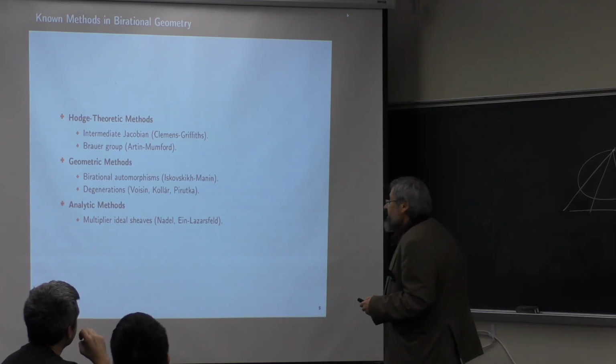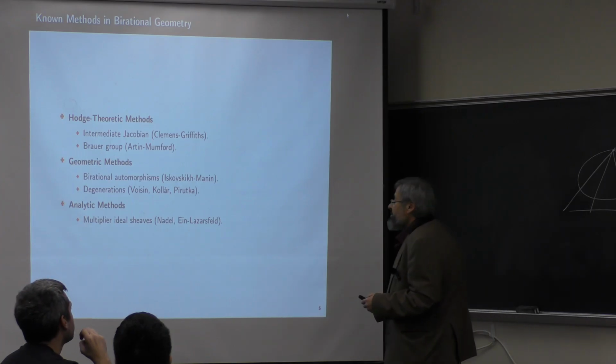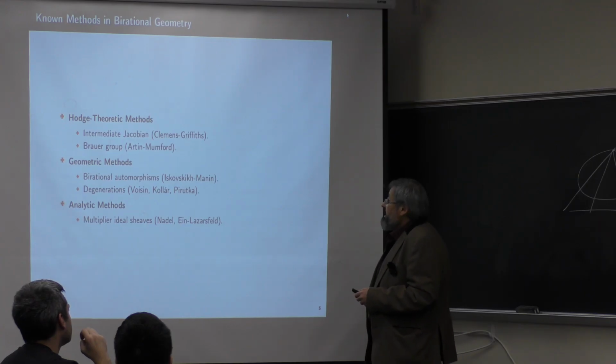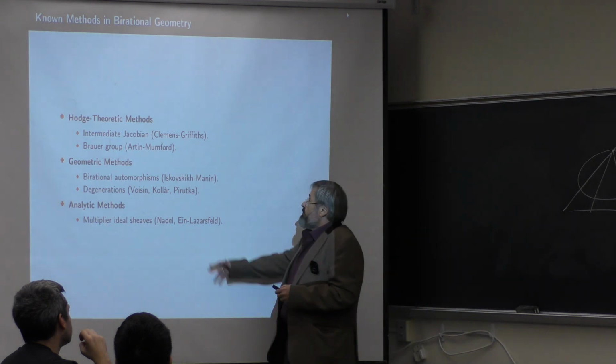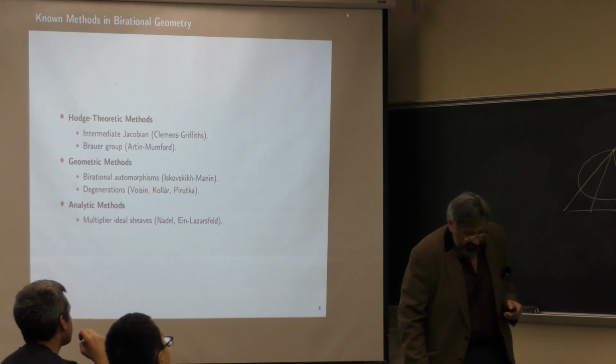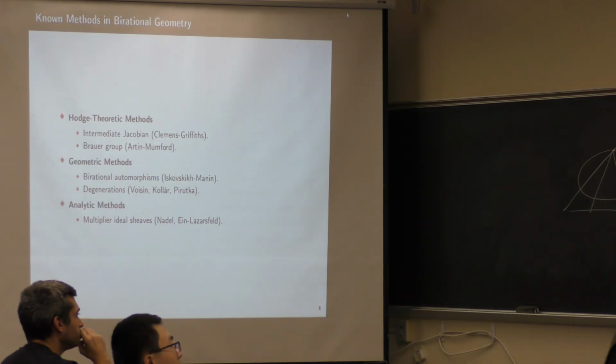And then there were analytic methods by multiplier ideal sheaves, an idea of Nadel, later really developed by Ein and Lazarsfeld, who gave a new proof of the non-rationality of the three-dimensional quartic using multiplier ideal sheaves. And later on, this was fully explored by de Fernex in higher dimensions.